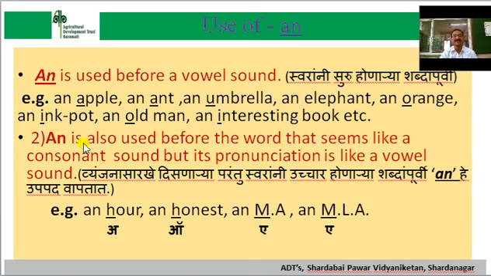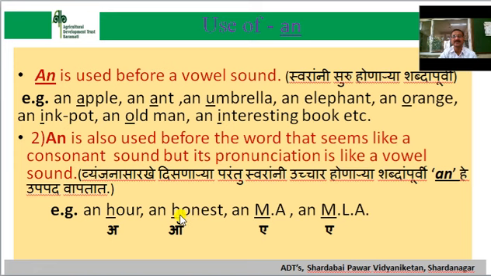Next, an is also used before a word that seems like a consonant sound but its pronunciation is like a vowel sound. For example, an hour. Here, hour starts with H. H seems like a consonant sound but its pronunciation is like a vowel sound. Hour. And honest.